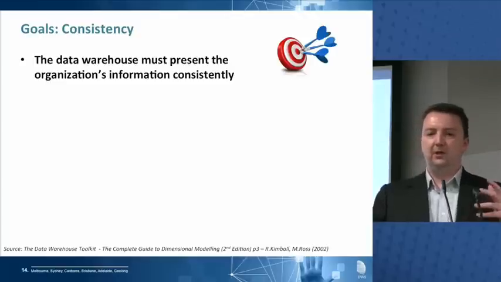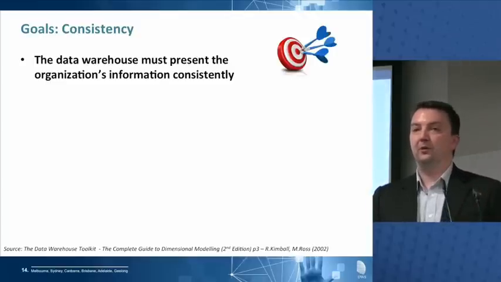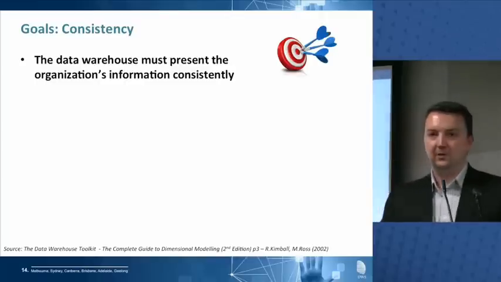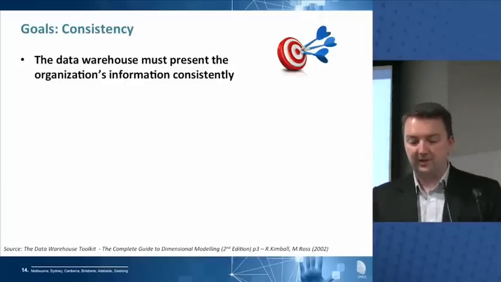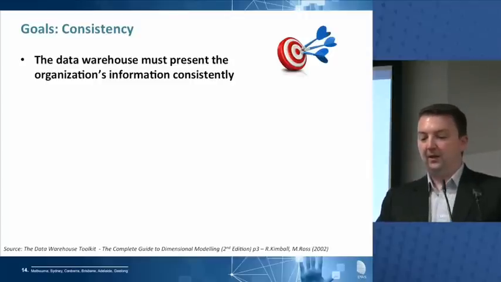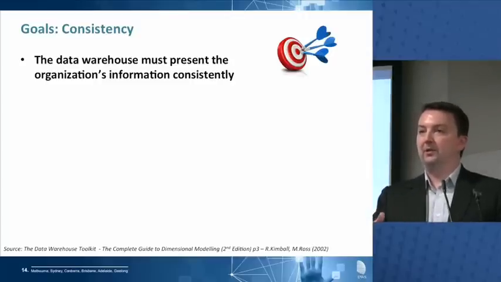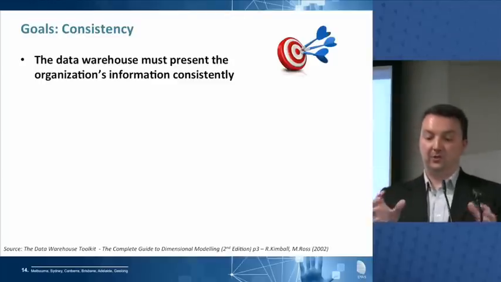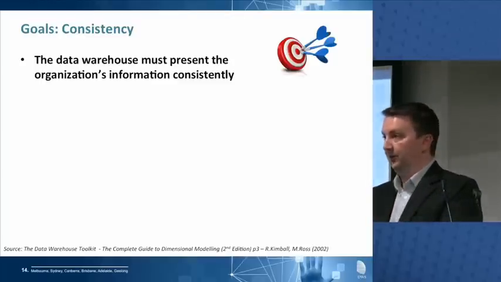Okay, you've got two different groups in the organisation claiming two different figures for the same question by a manager, and this drives managers nuts. And it might not be because the data is different. It might not be because of an error, because of orders that didn't get through to delivery.